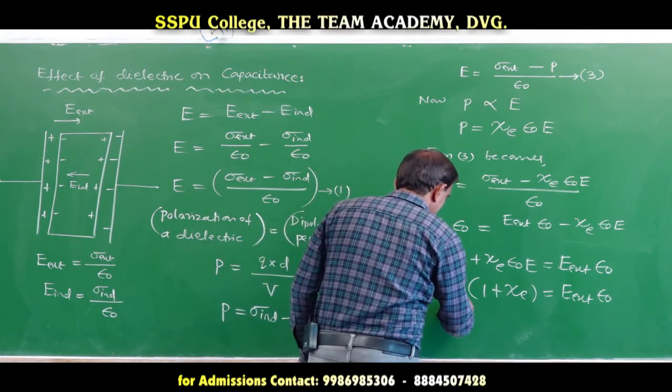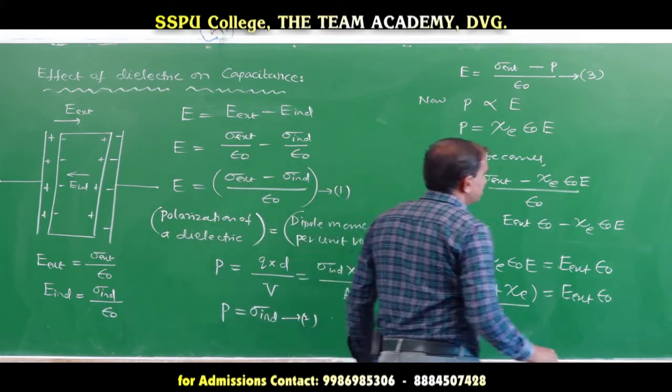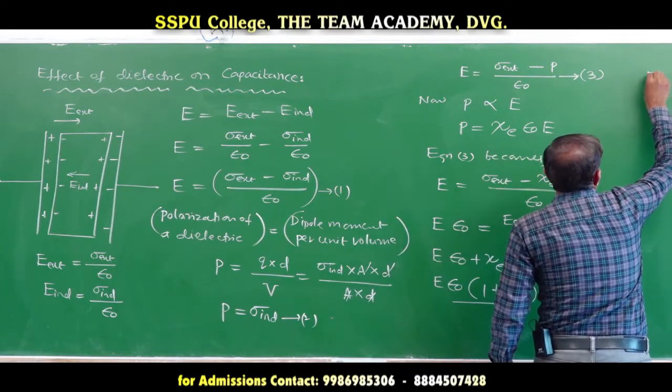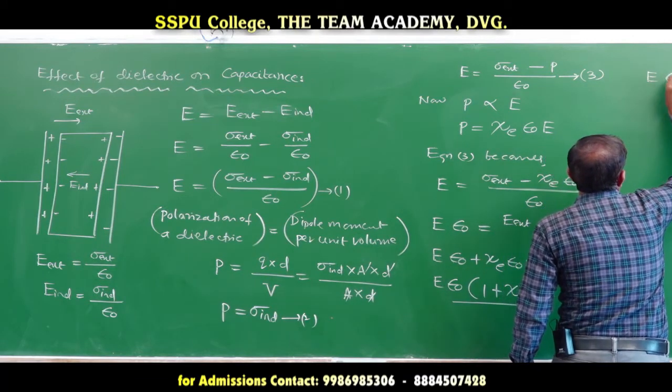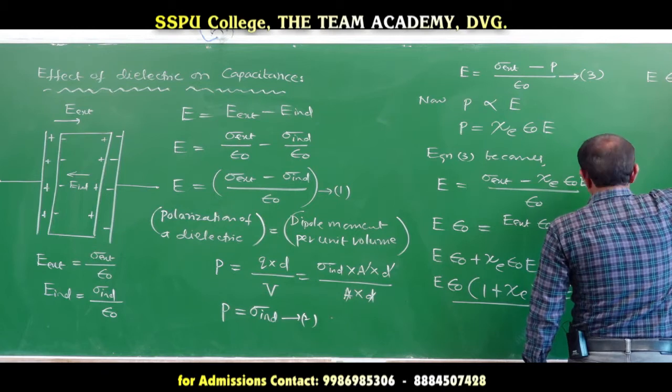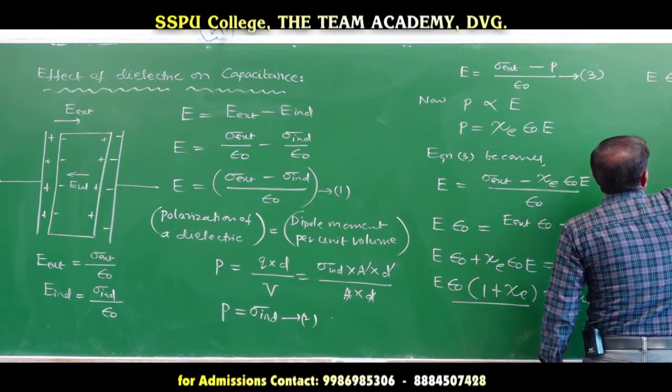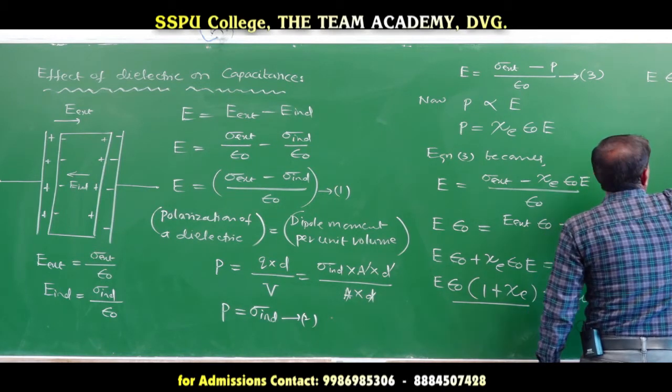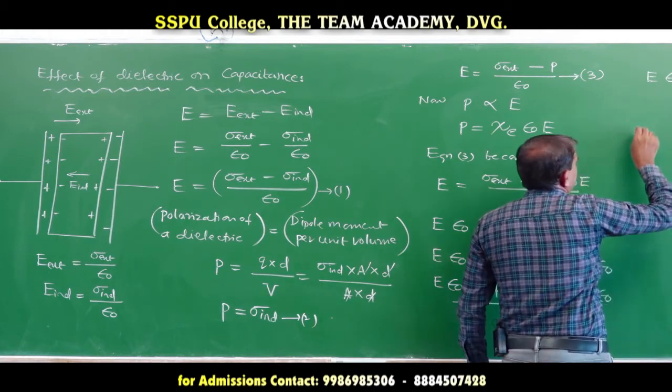This term is equal to epsilon, so epsilon is equal to epsilon naught into 1 plus chi E. This is the absolute permittivity.